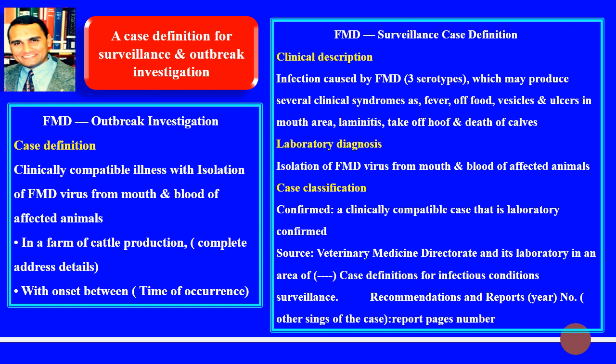The clinical criteria usually include confirmatory laboratory tests if available, or combinations of symptoms, subjective complaints seen by owners, signs, objective physical findings, and other findings. Case definitions used during outbreak investigation are more likely to specify limits on time, place, and animals or persons than those used for surveillance.